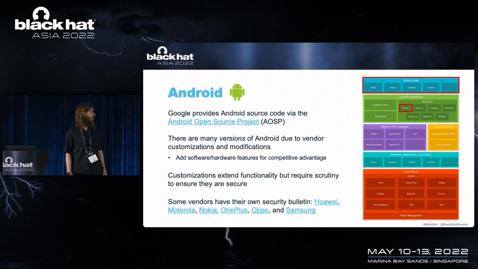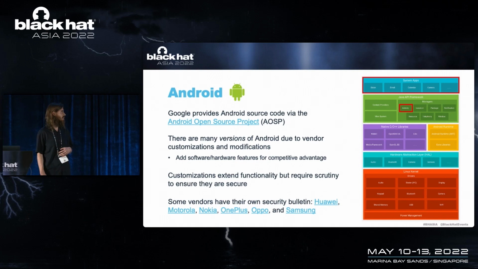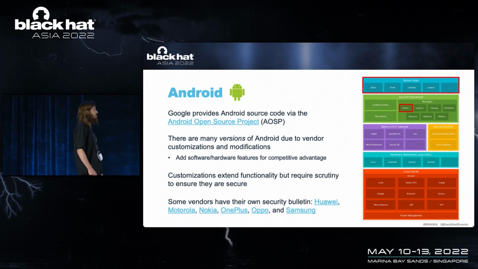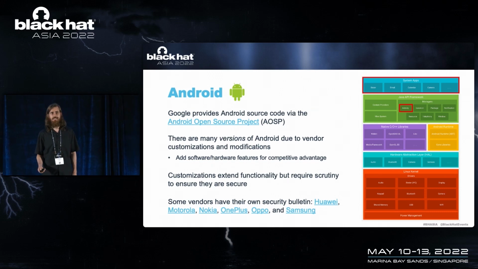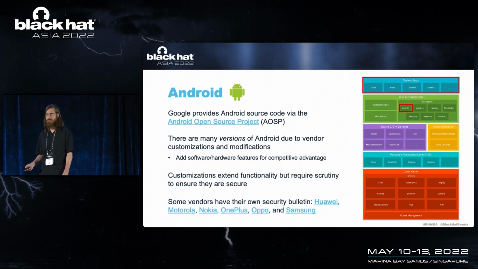So over on the right, you can see the Android software stack. And where we're going to focus today is up at the top on the system applications. Google makes Android open source via the Android Open Source Project. So Android's an open ecosystem with many vendors creating Android devices. They will fork a version of Android and then make their own modifications to it to somewhat differentiate themselves in the marketplace.